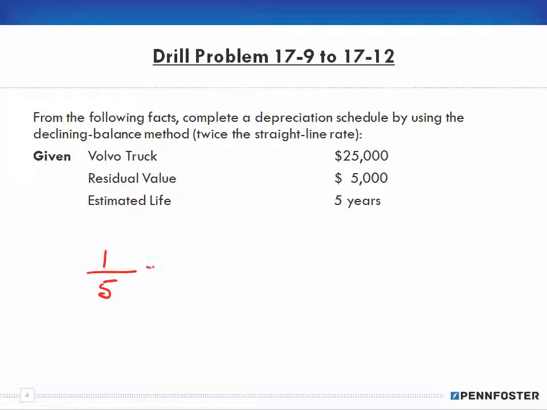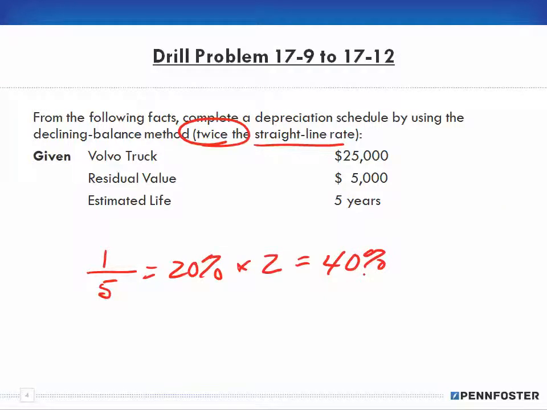When we divide 1 by 5, that gives us 20%, and then we multiply it by twice the straight line rate, whatever factor we decide upon. In this case, that's 2, because it's twice, which means we will multiply our book value by the factor, by the 40%.